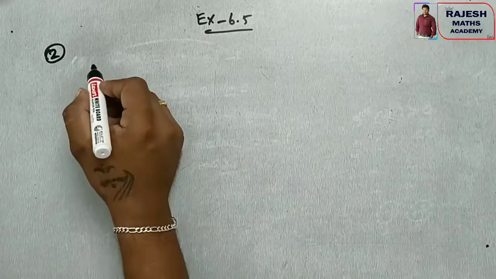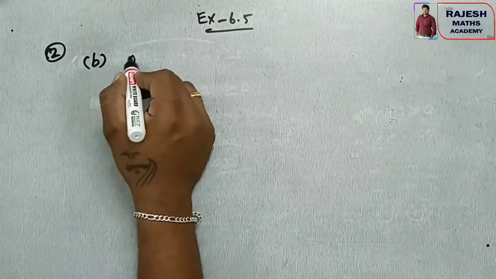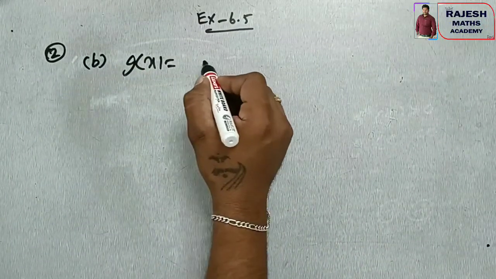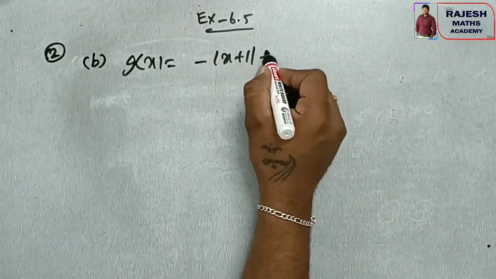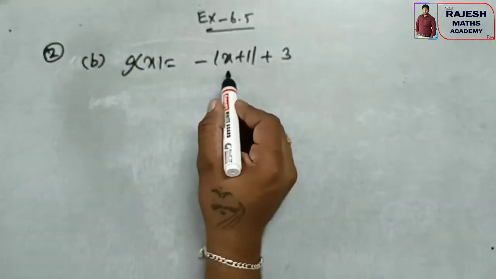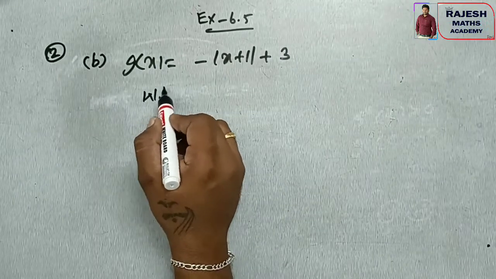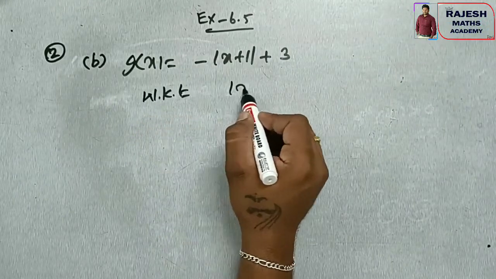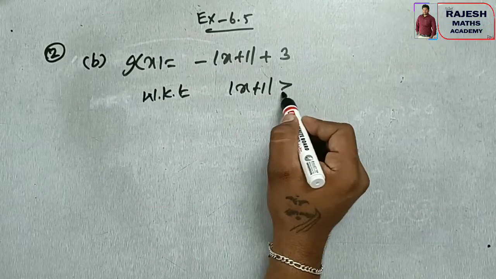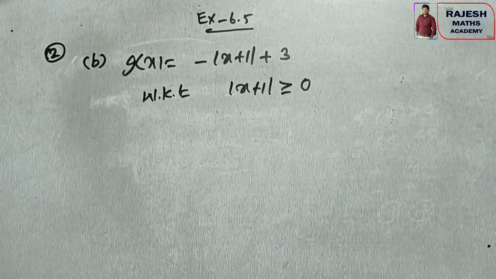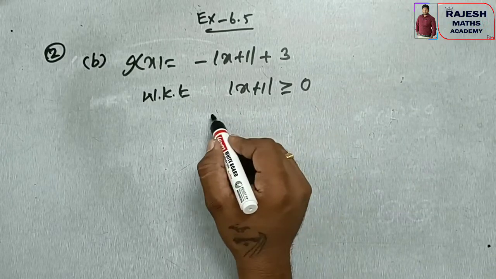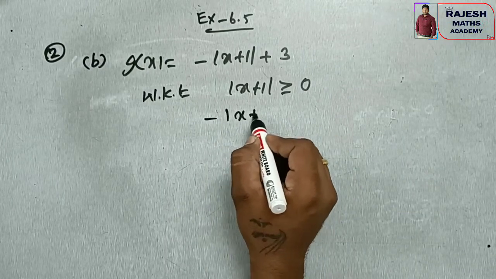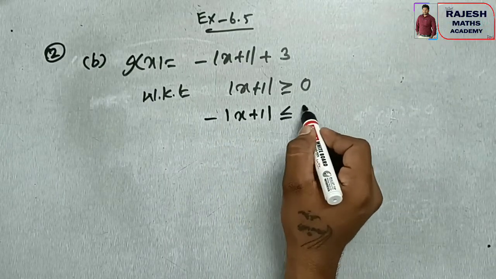So g of x is given, question B: g of x equal to minus of modulus of x plus 1, plus 3. We know that modulus of x plus 1 is always greater than or equal to 0. I need minus of modulus of x plus 1, so multiplying by minus on both sides, the inequality will be reversed.